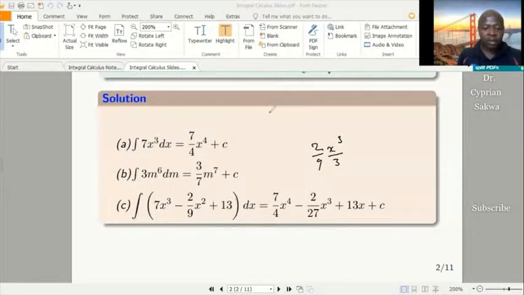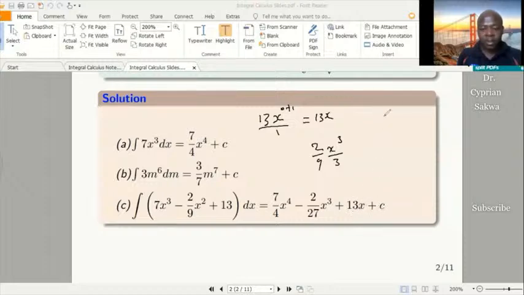Then these are constants. There's 13 x raised to 0, because I know that x raised to 0 will be 1. So this is 13 times 1. So I just add 1 to this power and then divide by the new power. This gives me 13x, and that's what I have here, then plus c.